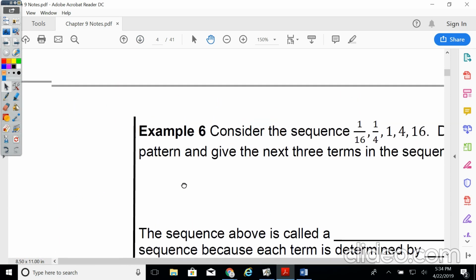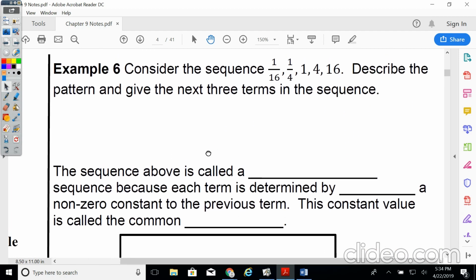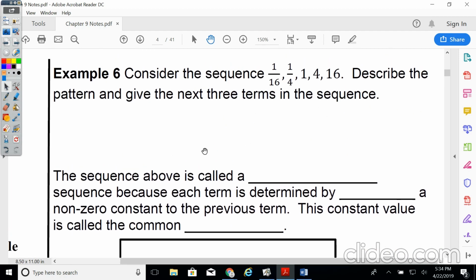If you go to page 4 in your notes, starting with example 6, we're going to look at what's happening recursively from one number to the next. It might be easier to start with the whole numbers. Notice from the first to the second, I'm adding 3, but it doesn't continue adding.